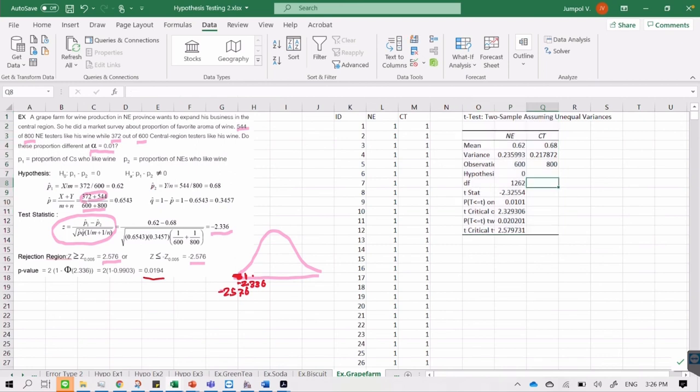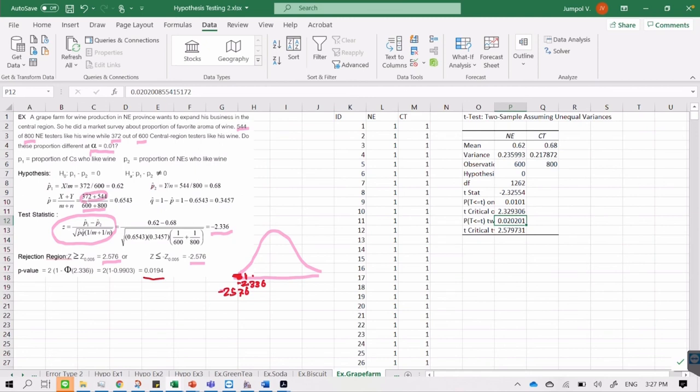Right, our t statistic is minus 2.32554. Yes, a little bit different, because in this Excel they use a t-test instead of a normal test. So this is why the test statistic value is different, and the p-value is 0.02, which is a little bit more than the p-value here.